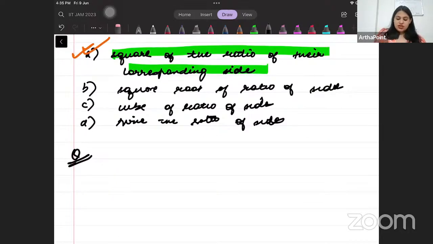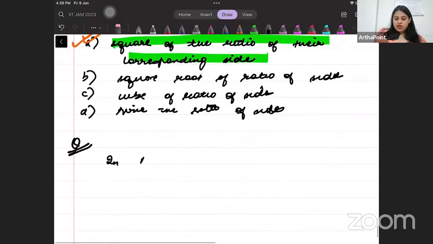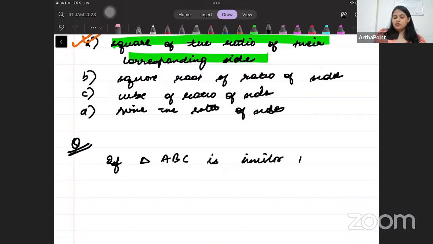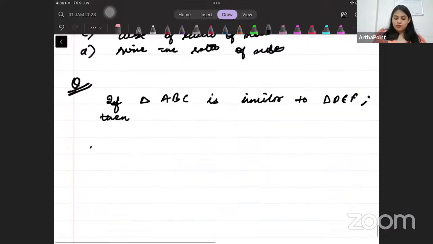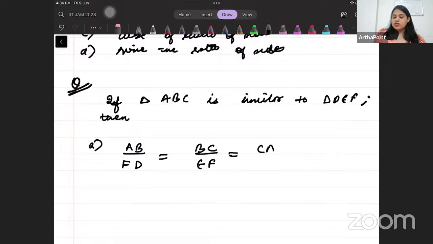So now I am saying that if triangle ABC is similar to triangle DEF, then which of the following holds true? A, AB by FD is equal to BC by EF is equal to CA by DE.